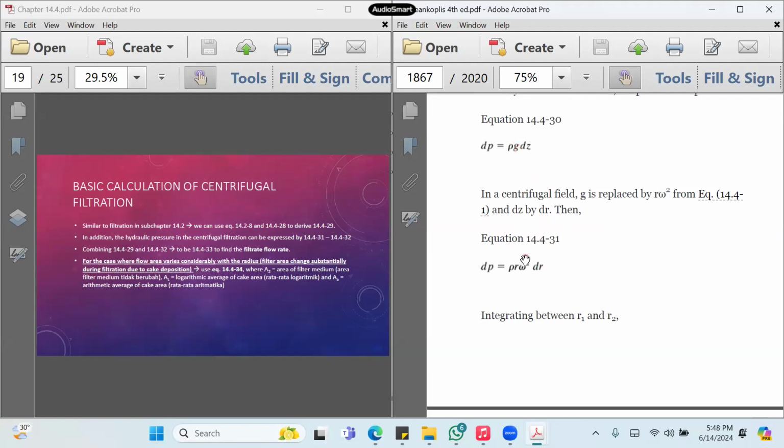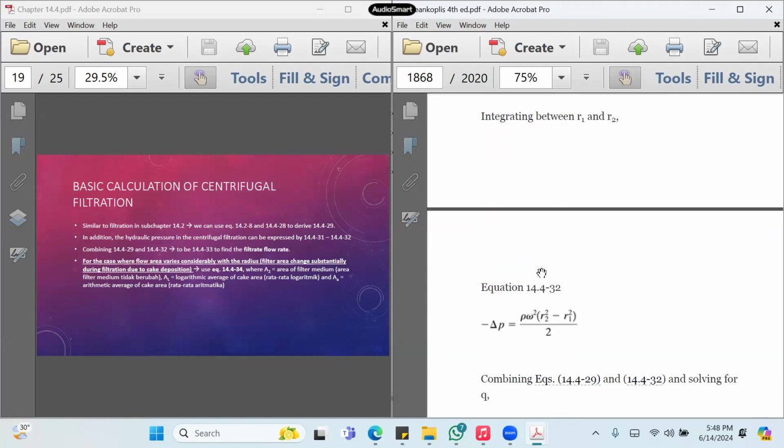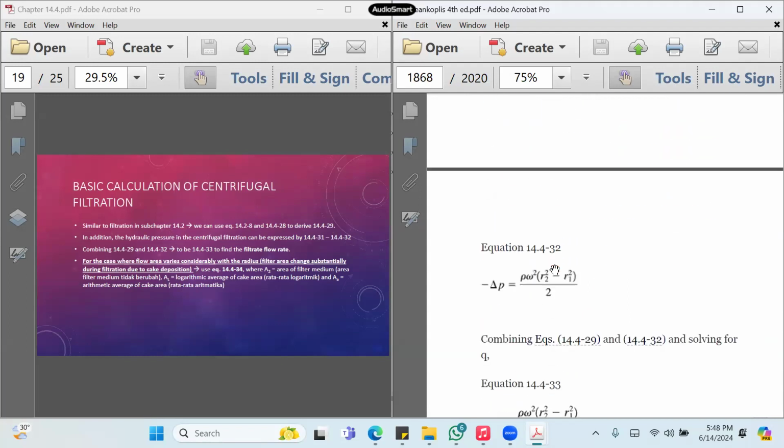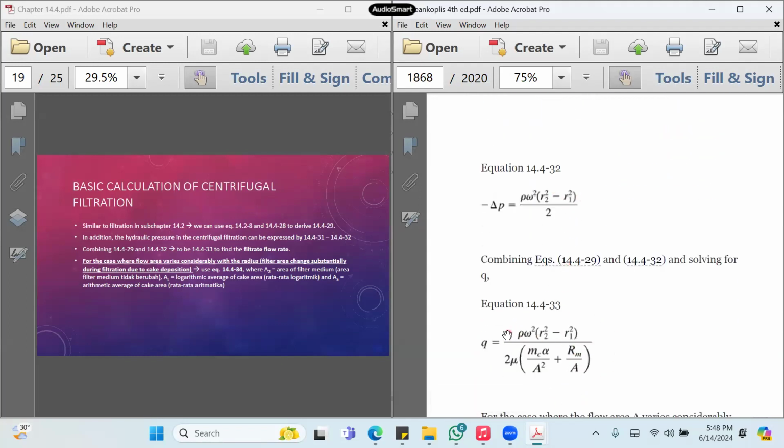After that, we change AE to R times omega square. And then dz becomes dr because it's not axial anymore, it's not linear anymore, but it becomes the radial direction. Combining both of them, we can get this one. By knowing this, we can get this.